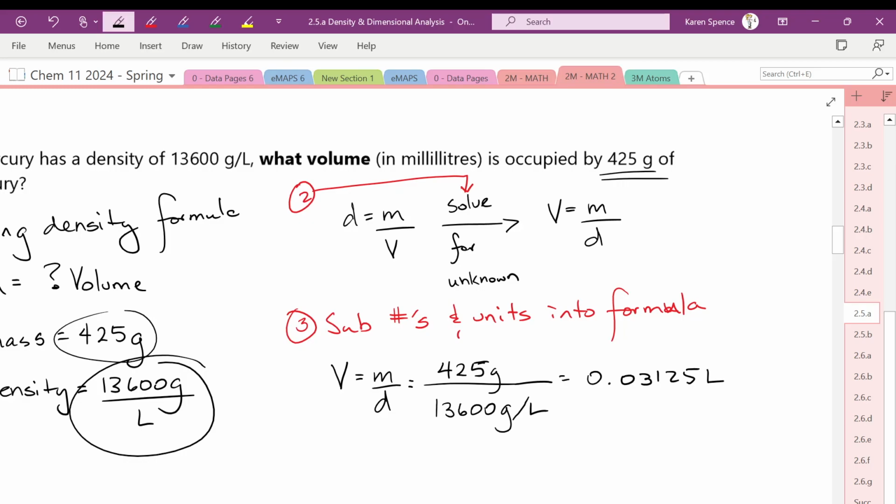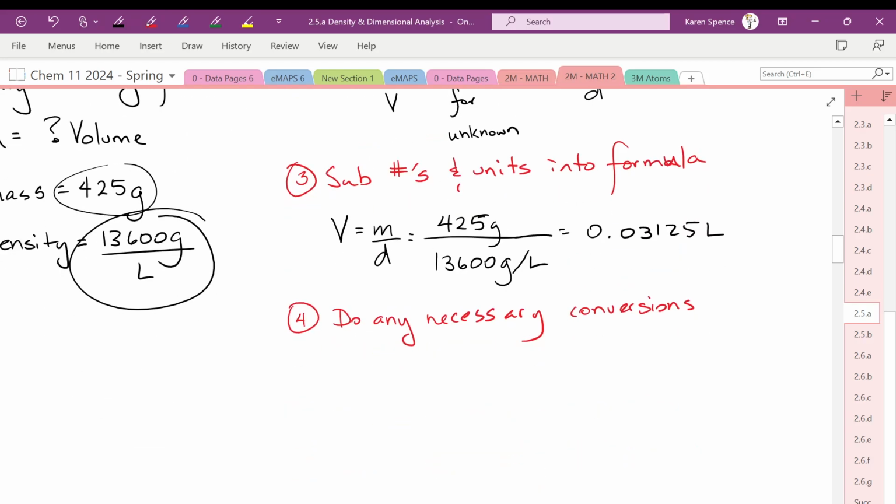So at that point, you would need to convert it to milliliters because you've been asked for milliliters. Do any necessary conversions. Okay, so you have 0.03125 liters times, and you know what?